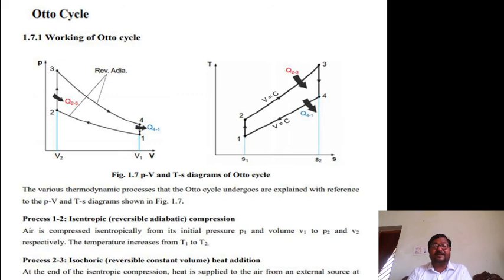And another one is the universal gas constant, R equal to 0.287 kilojoules per kg Kelvin, or 287 joules per kg Kelvin. Those are the 4 assumptions for the standard air. While calculating problems or doing the derivation, we need these 4 things.